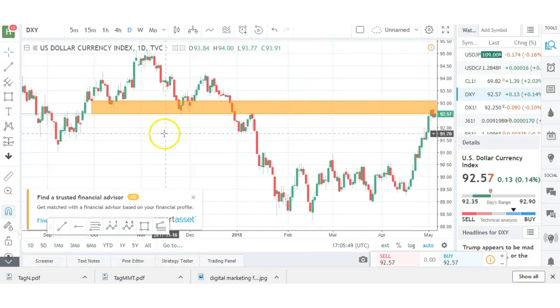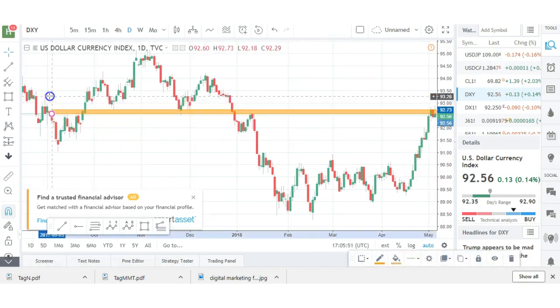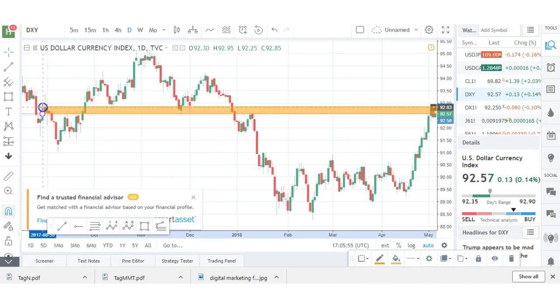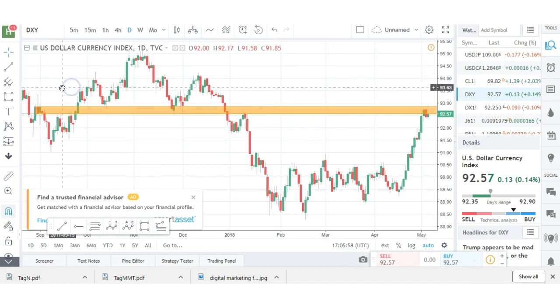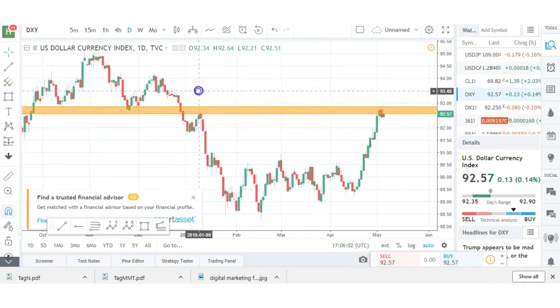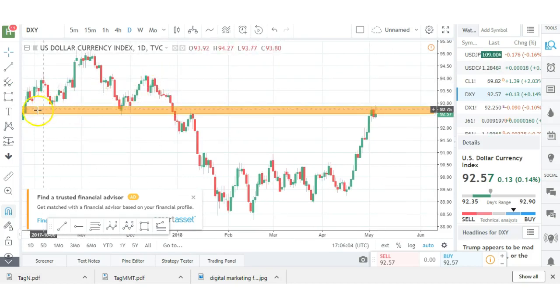Actually, what I'm going to do is extend this a little further. Let's see if that'll work. Okay, that works even better. And what do we have here? Once it broke and held, we have support here, support here. We have resistance here. Okay, where are we now? And this is on the daily dollar index, guys.